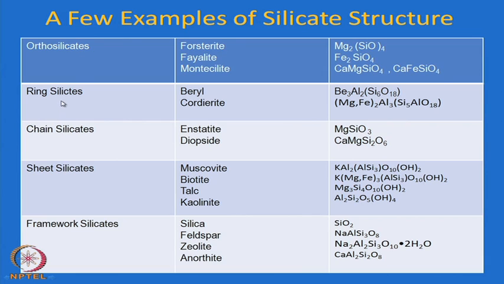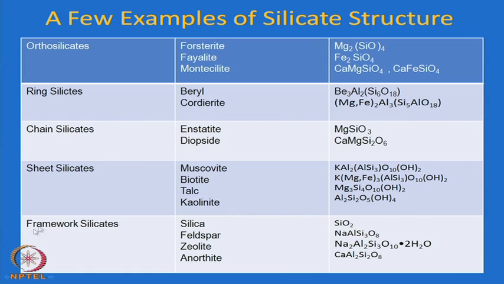In ring silicates, 2 of them are connected, and then if you have chain silicates, you have 2 or 3, both are possible, and then in sheet silicates, 3 of the oxygen ions are shared by silicon, only one oxygen is available to be bonded with other cations.